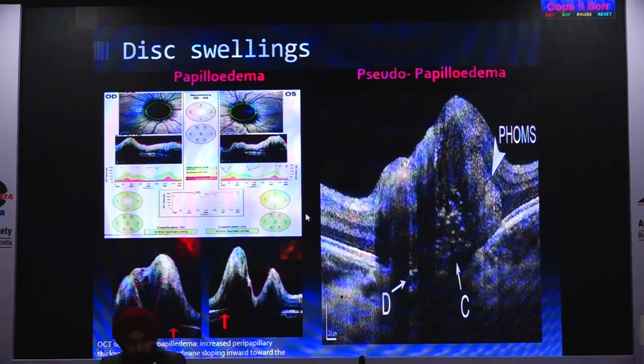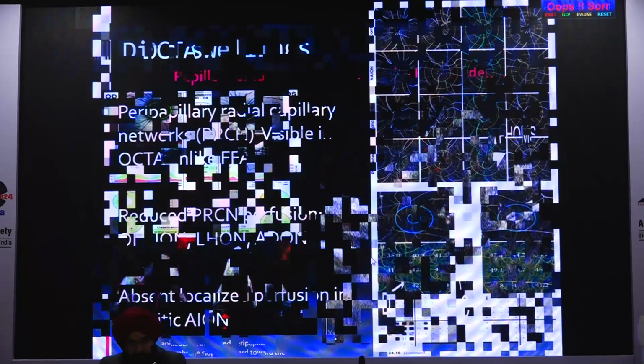In pseudopapilledema, we don't see that hyporeflective triangular zone, and you see the RPE-Bruch's membrane is deflected downward. Negative deflection is seen, which is consistent with pseudopapilledema.